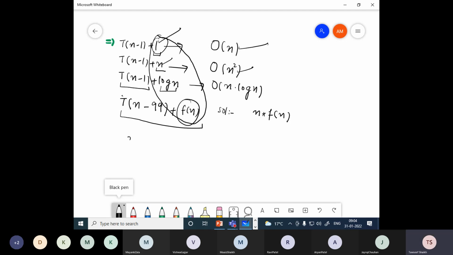But we also solved a recurrence like 2t of n minus 1 plus 1. This type of recurrence we also solved. In the earlier cases there was no coefficient or multiplier term on the t; it was 1 at every stage.